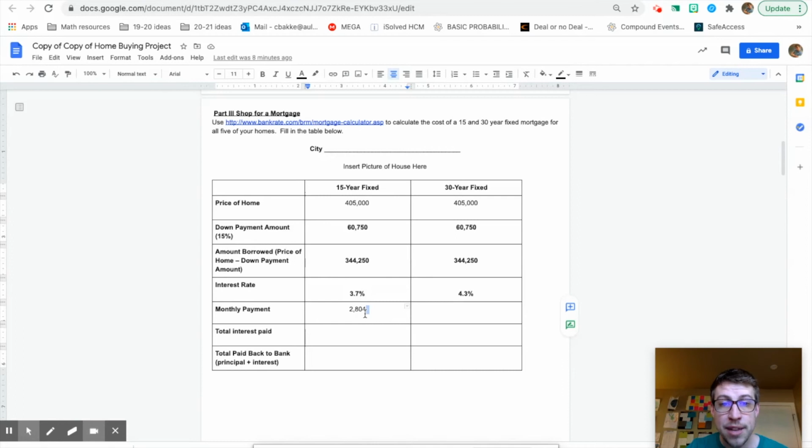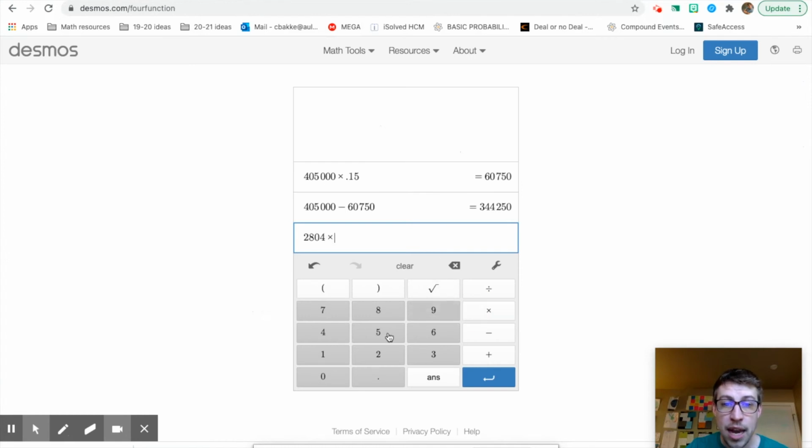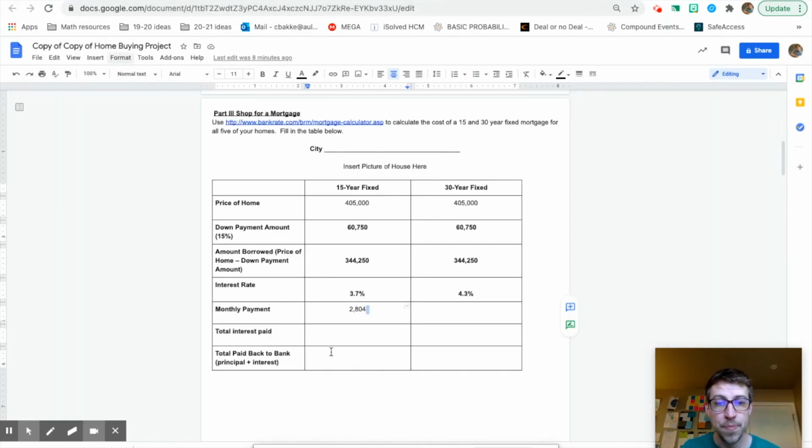So we're going to multiply this times 15 years times 12 months in a year. So over here, we're going to go times 15 years, and there are 12 months in every single year. So the total cost of the house, after all is said and done, is going to be $504,720.